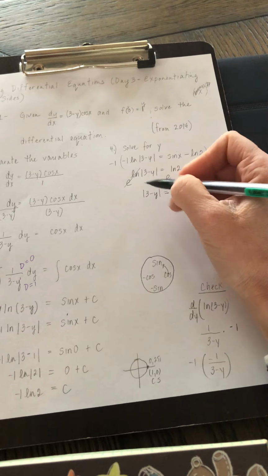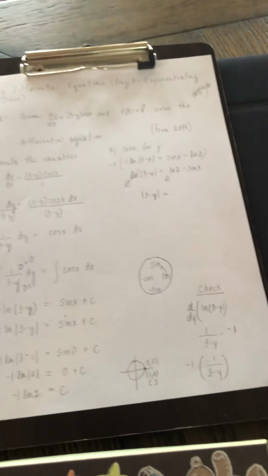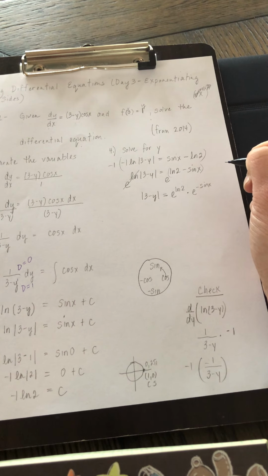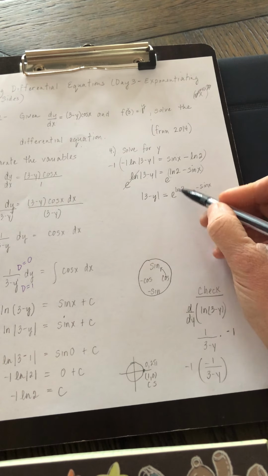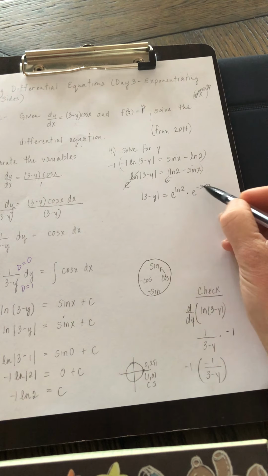Okay. Now we have a situation over here. We're also going to bring in our knowledge from a couple of lessons ago. So we have e to the ln of 2 minus sine of x. This is all an exponent. And what we're going to do is we're going to rewrite it. Again, you had to do this in your lesson on Monday. And we understand that when we multiply like bases, we are adding the exponents.